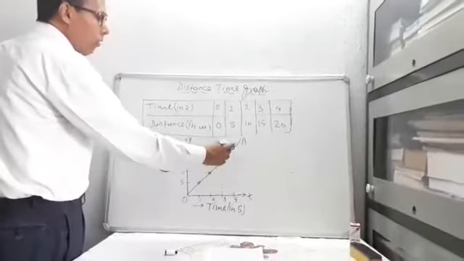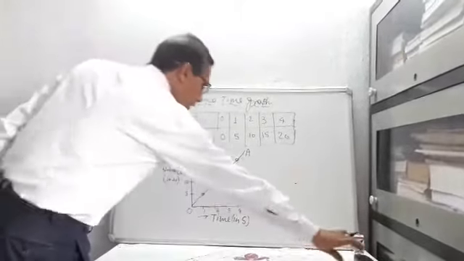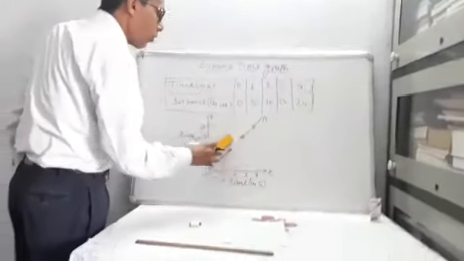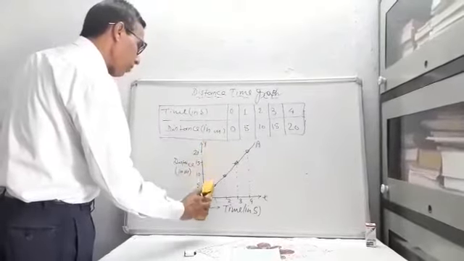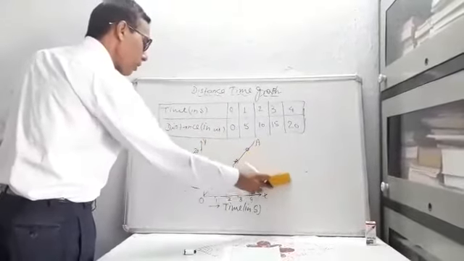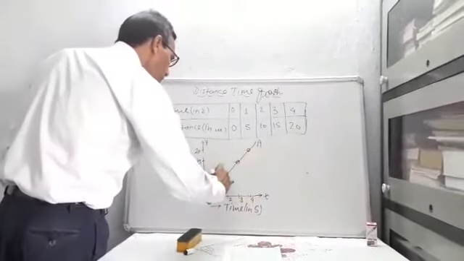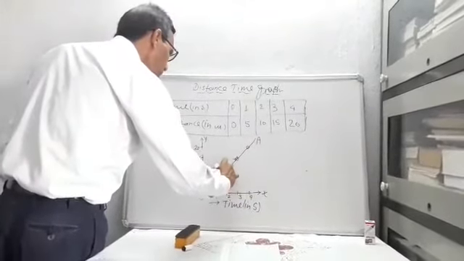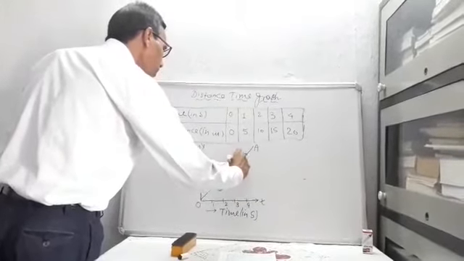So this graph represents uniform motion.